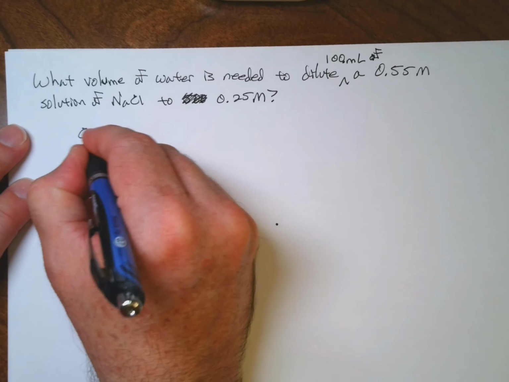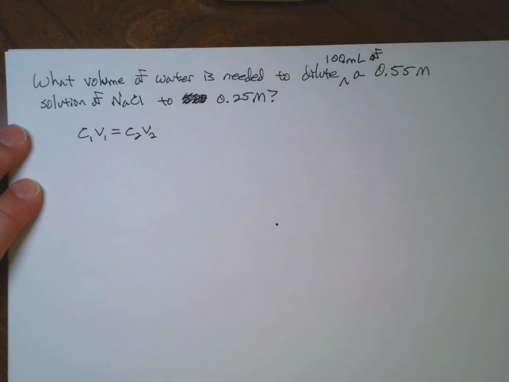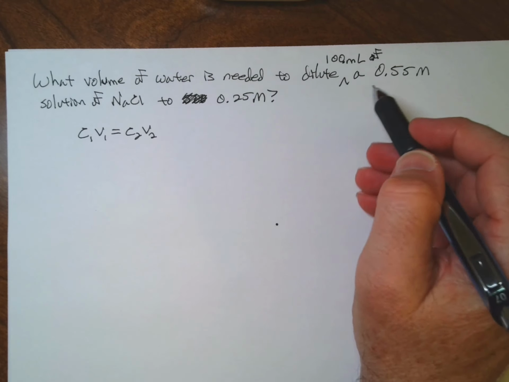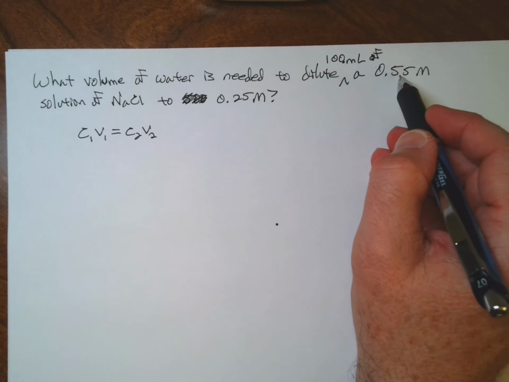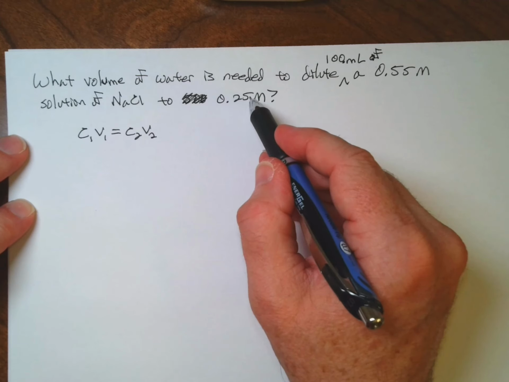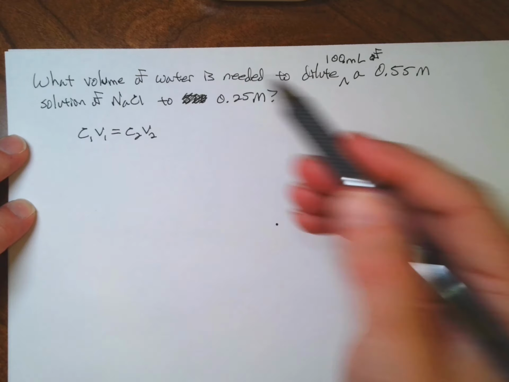So we'll use our C1V1 equals C2V2. Concentration 1 is 0.55 molar. Concentration 2 is 0.25 molar. Volume 1 is 100 milliliters, and volume 2 we're trying to solve for.